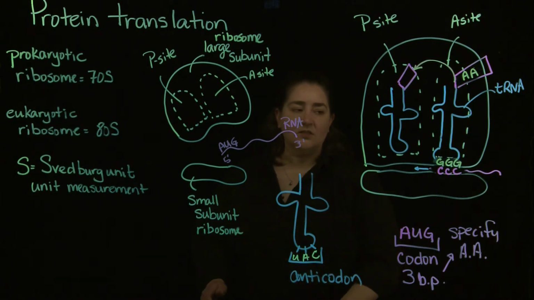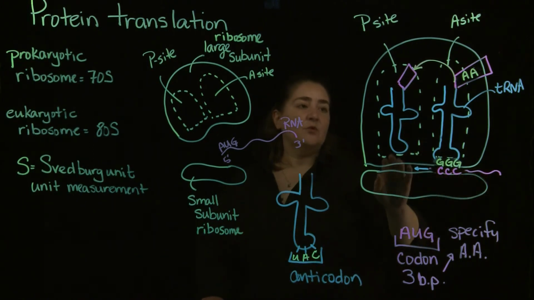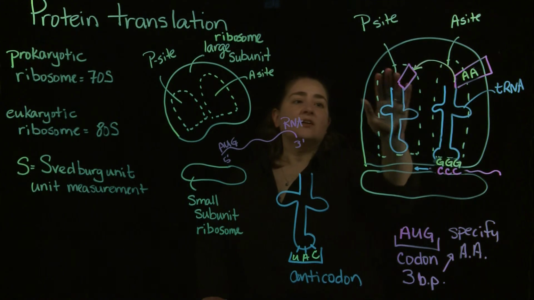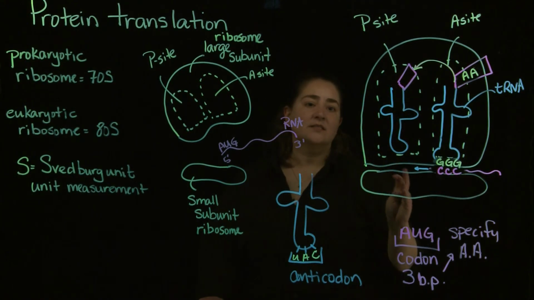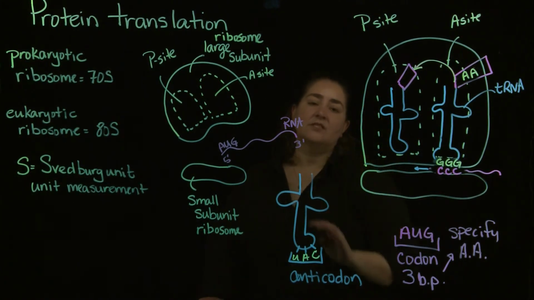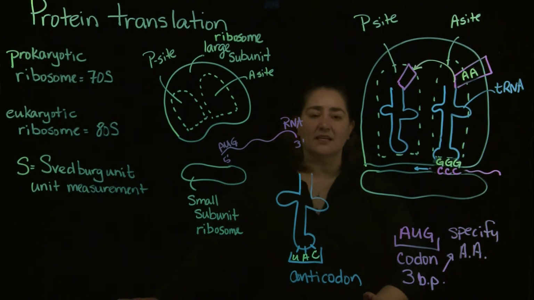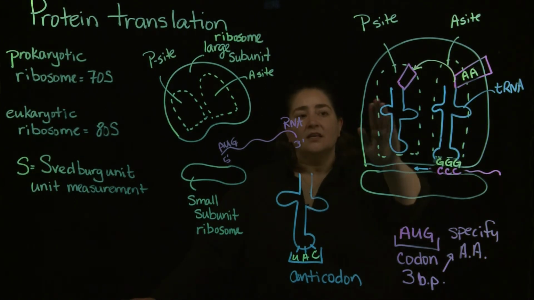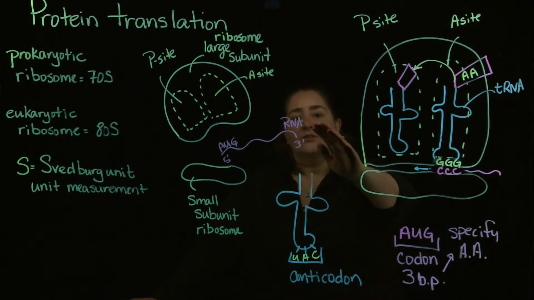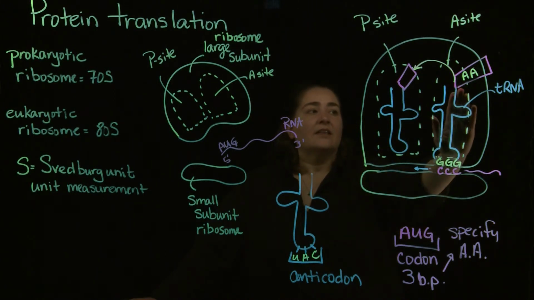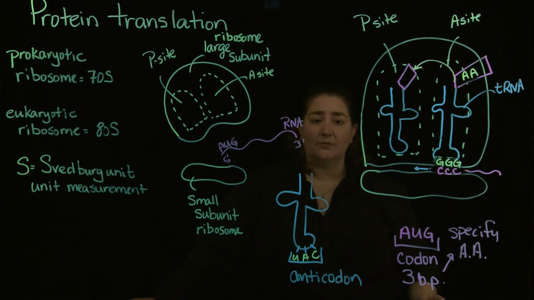All right? So in terms of that, as the RNA moves, this tRNA will fall away. Some books have another site in here. They call it the T site or the termination site. It's just where the tRNA kind of falls off. All right? That next one will move in, and our protein chain will keep elongating.